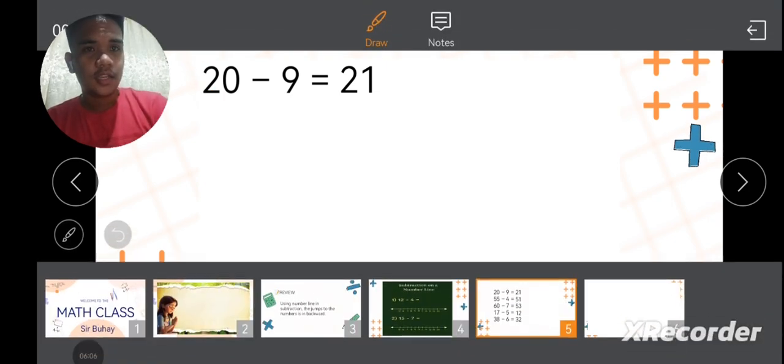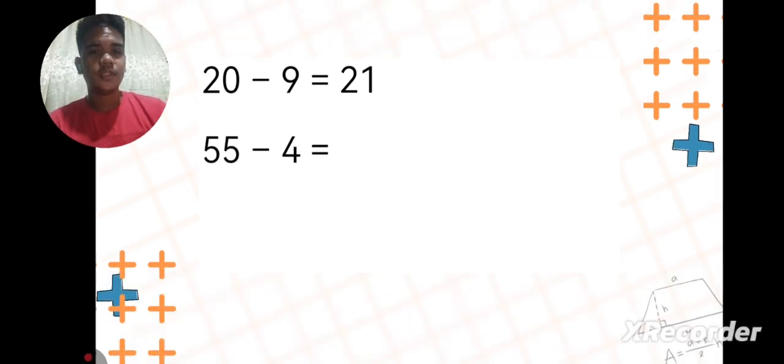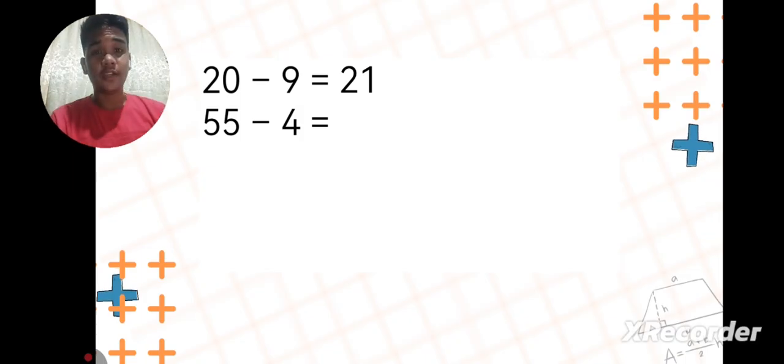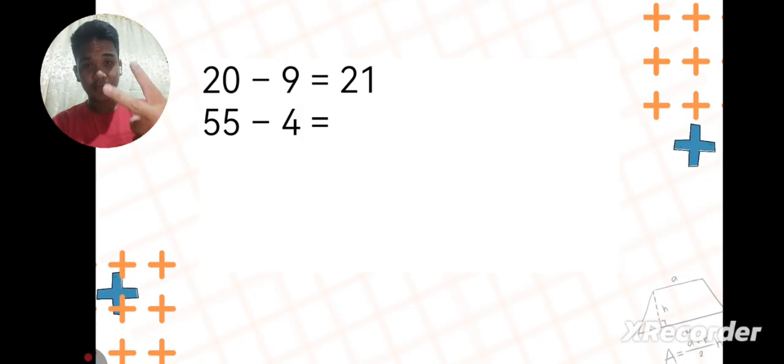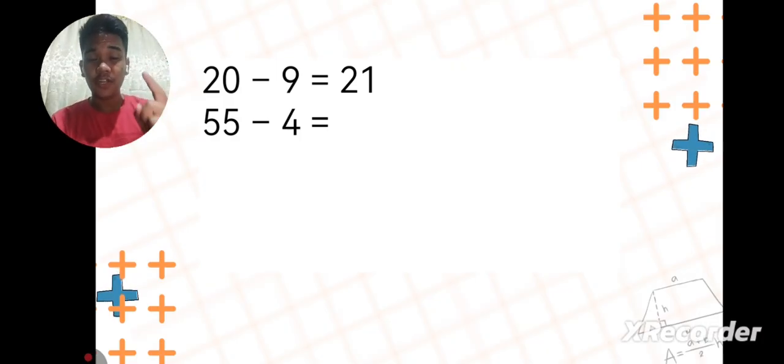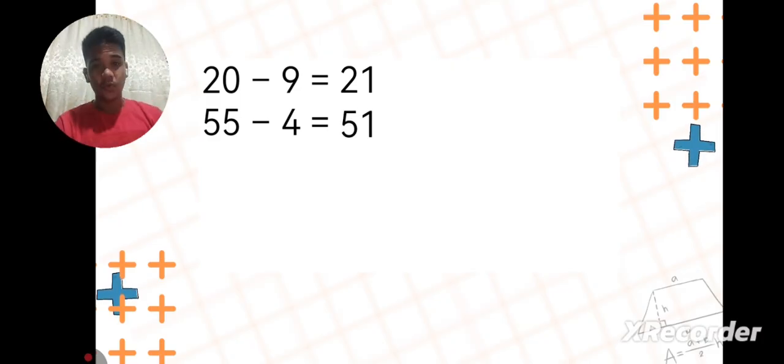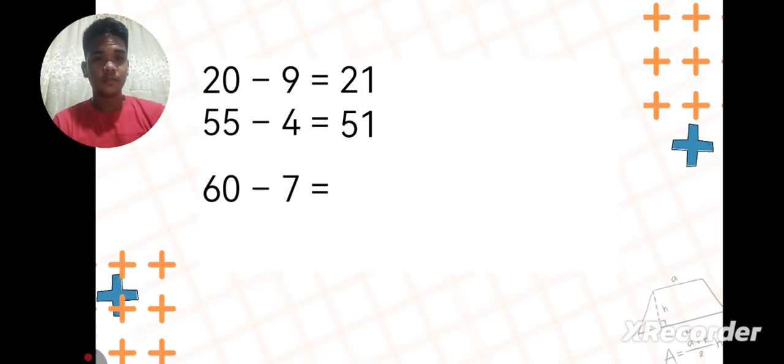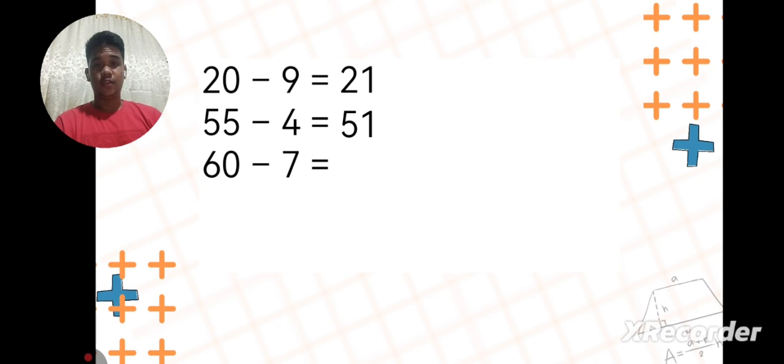Next one. 55 minus 4 equals. 51. How about number 3? 60 minus 7 equals.